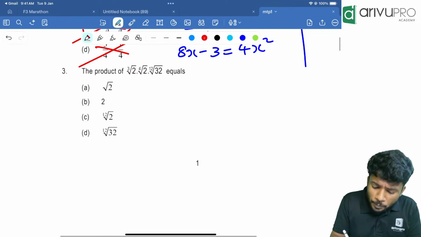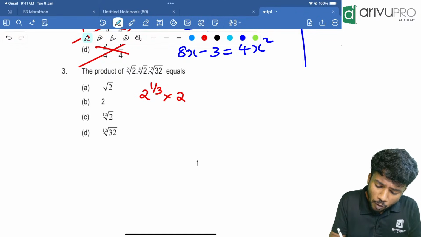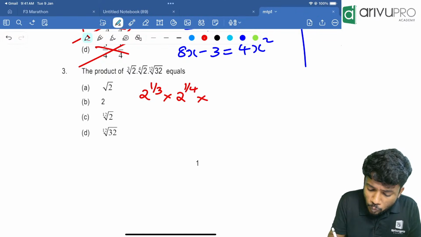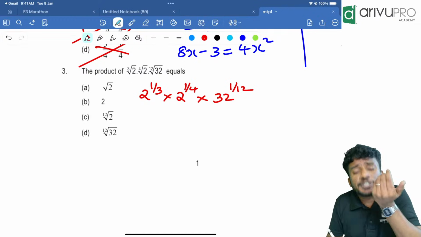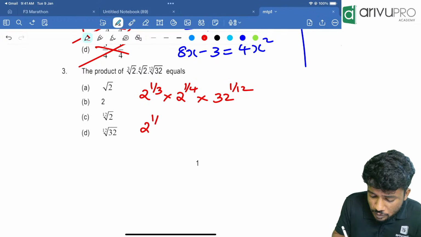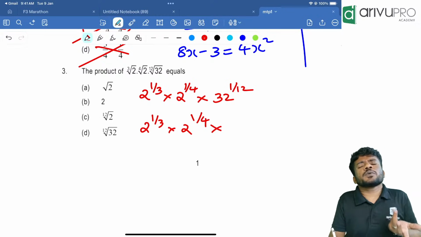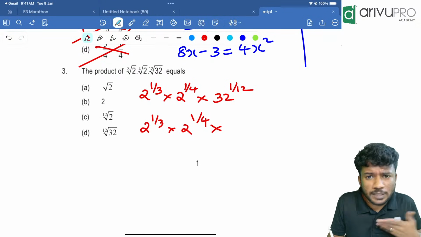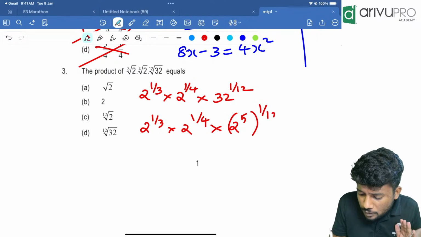Product of cube root of 2, fourth root of 2 and the twelfth root of 32. Cube root of 2 can be written as 2 raised to 1 by 3, into 2 raised to 1 by 4, into 32 raised to 1 by 12. People, everything should be there in terms of 2. So can I write it as 2 raised to 1 by 3 into 2 raised to 1 by 4 into, 32 is 2 raised to 5, the whole power 1 by 12.